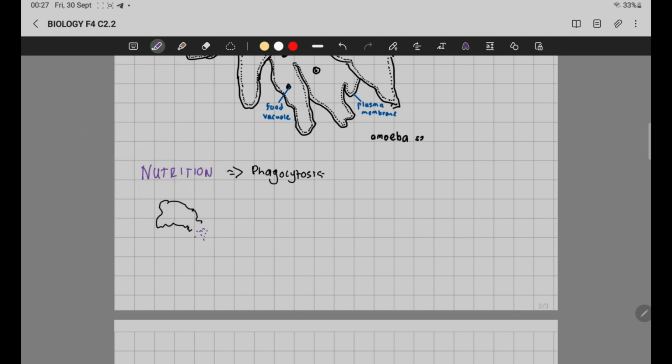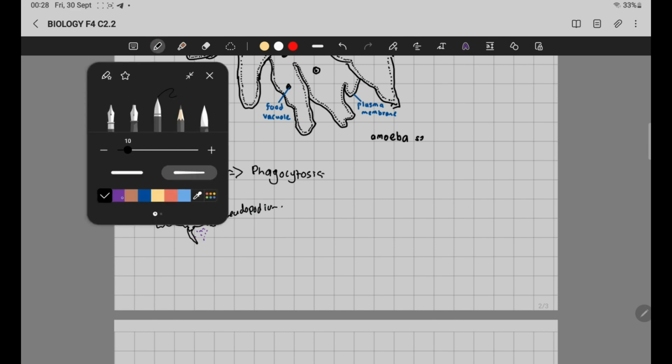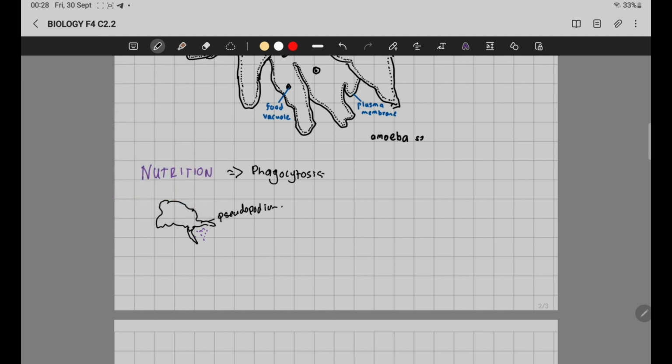Just imagine this as your food and this is your amoeba, and then the amoeba will surround the food using the pseudopodium. So here you will learn that the pseudopodium has another function, not just for movement but also in nutrition, in which they extend the pseudopodium. This pseudopodium will surround the food and trap it.